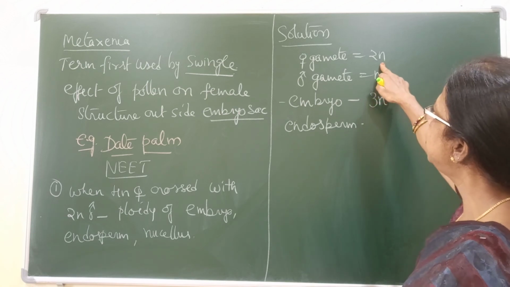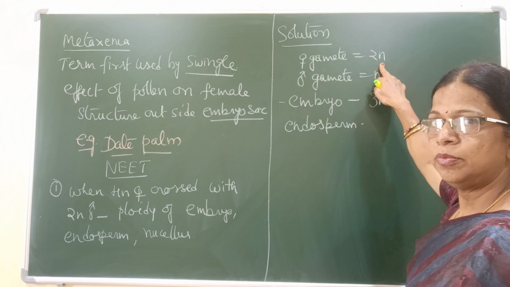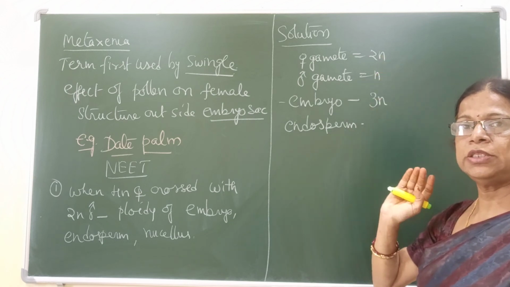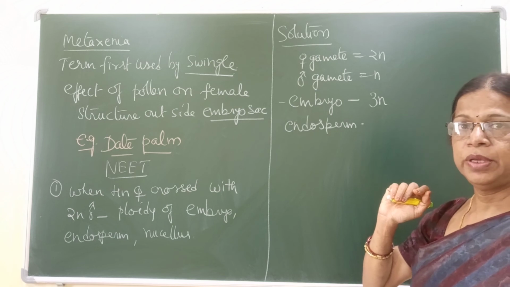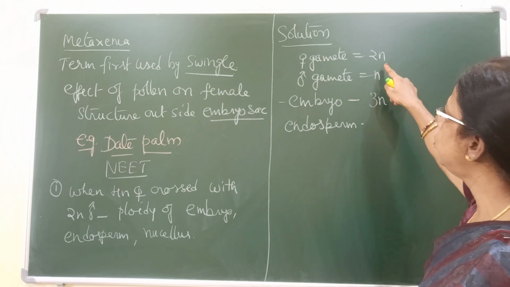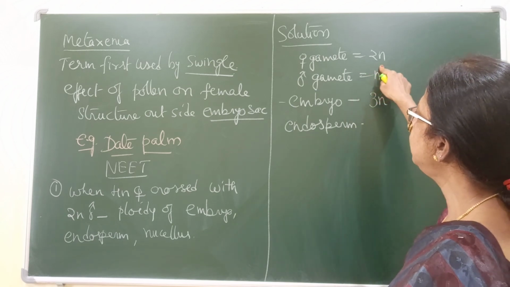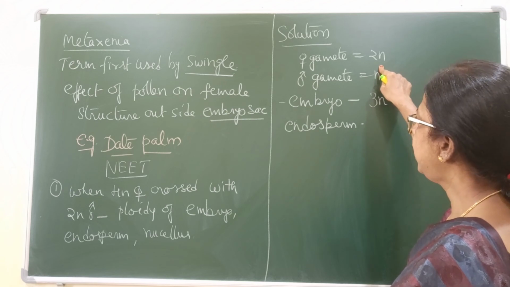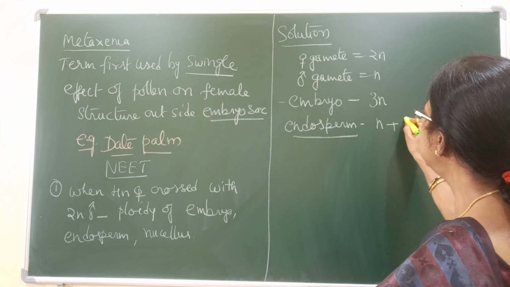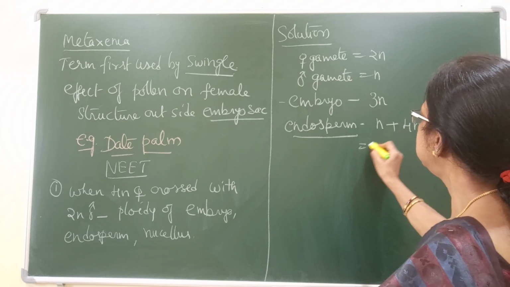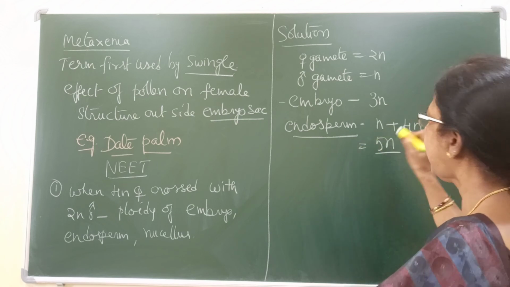The secondary nucleus will be 4n, because the two polar nuclei are each 2n. So the endosperm is n plus 4n, that is equal to 5n.